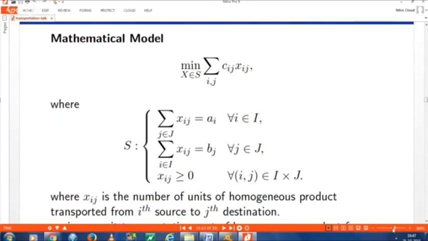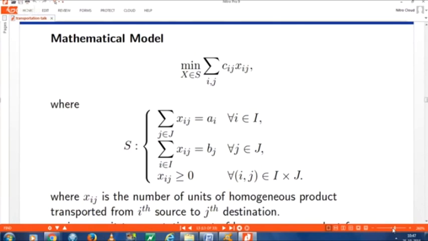And actually, this problem which I have mentioned here is a balanced problem, because of the constraints: sigma xij equal to ai's are the source constraints, and these are the destination constraints. Xij is the amount being transported from the ith source to the jth destination.